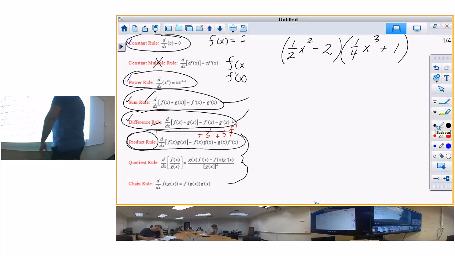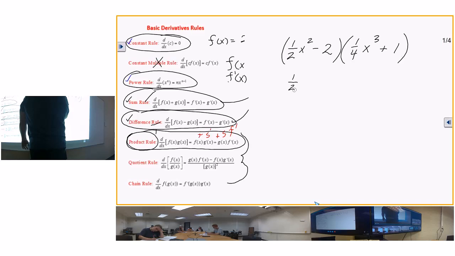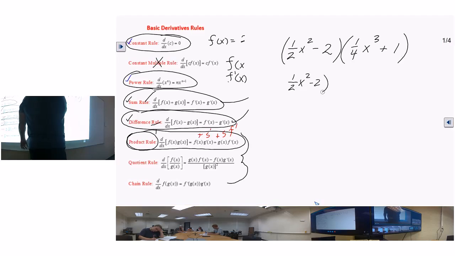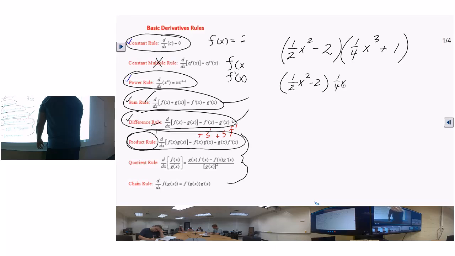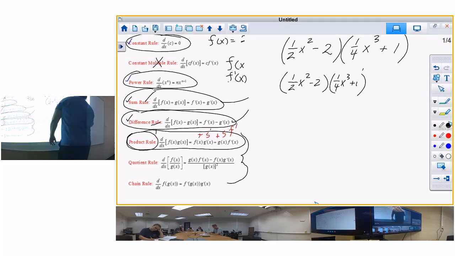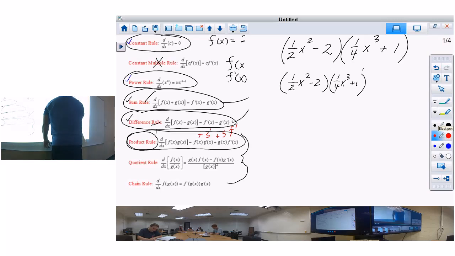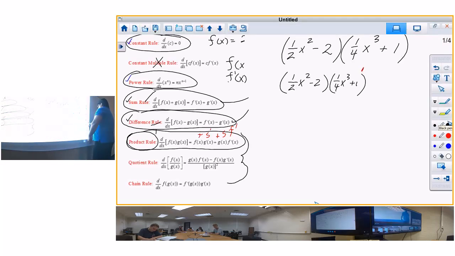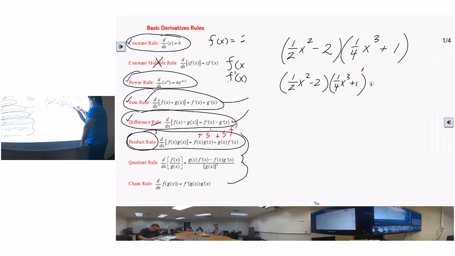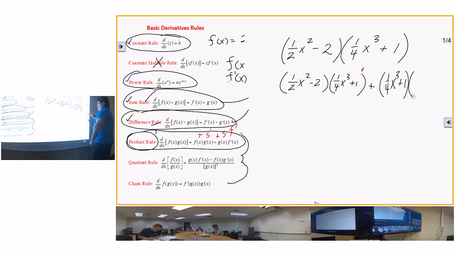First, times the derivative of the second, I'm just going to put 1/4 x to the 3rd plus 1 prime. I'm going to put a red prime there. So that means I'm going to take the derivative of that. Plus the second times the derivative of the first.